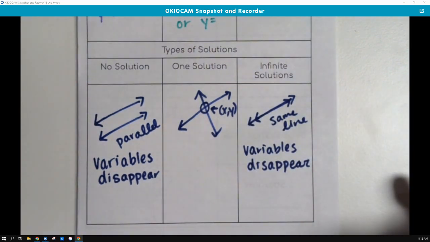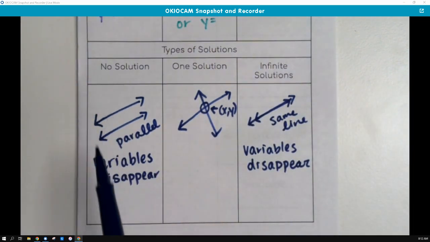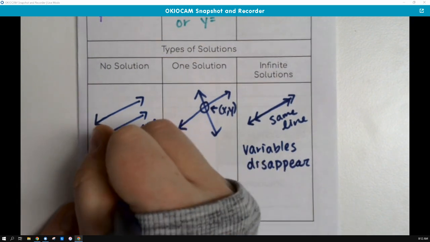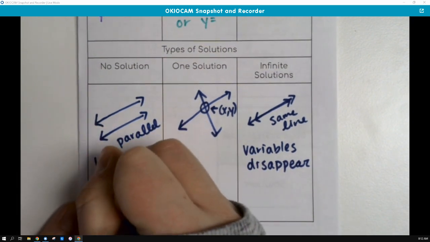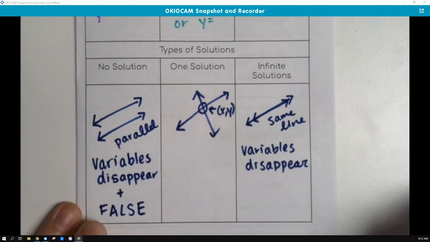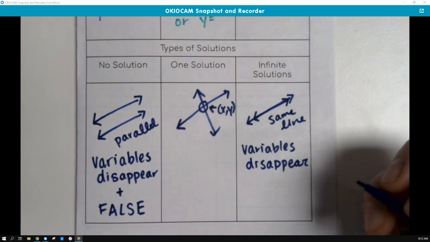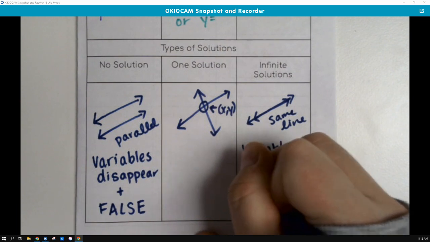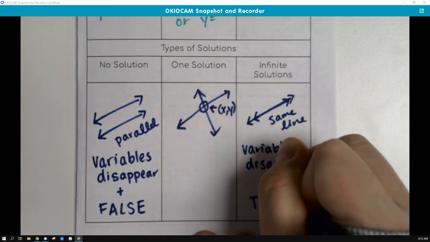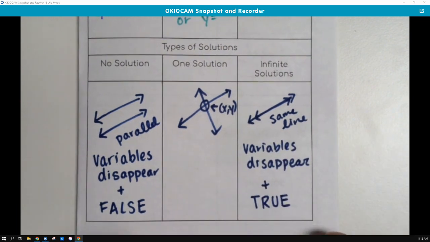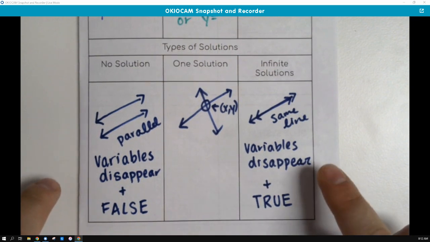The difference, however, is that for no solution after variables disappear, you are left with a false statement. For infinite solutions after variables disappear, you are left with a true statement. So variables disappear and false, variables disappear and true.